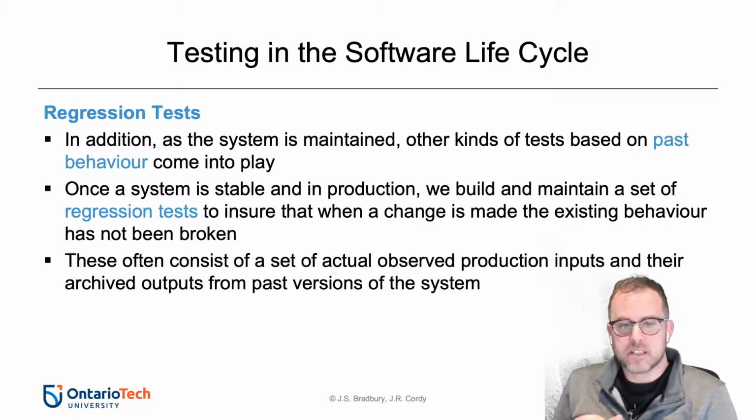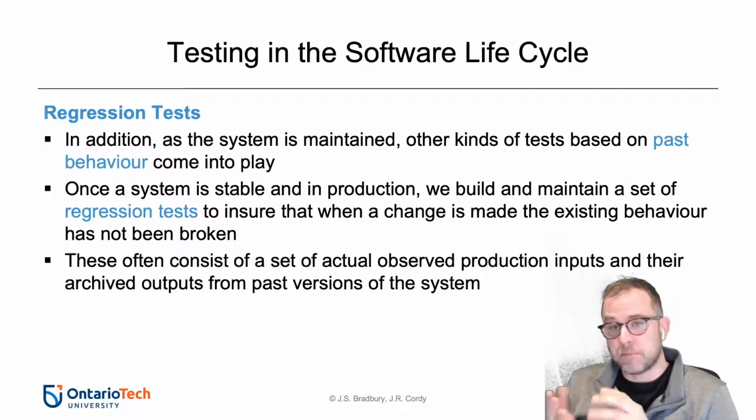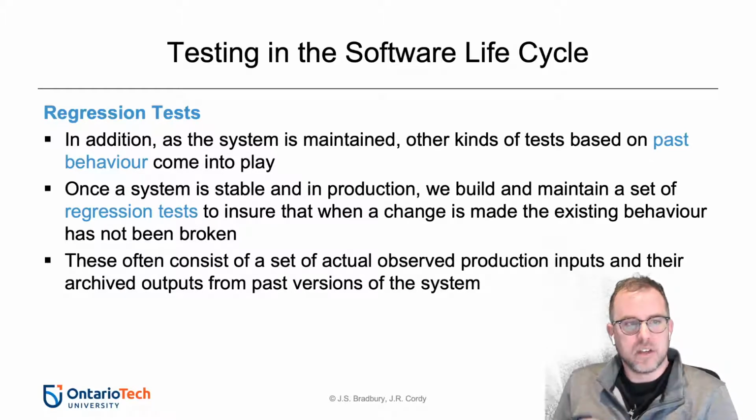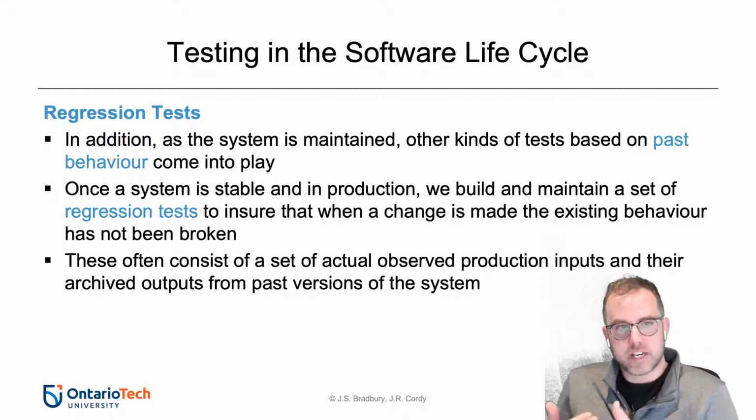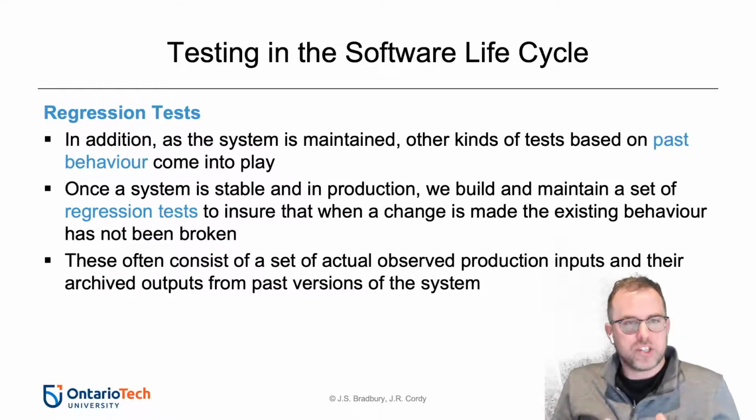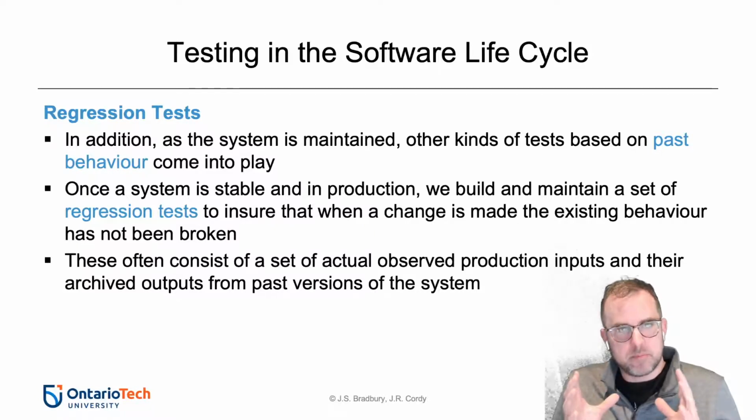The way we test software that's being maintained or evolving through new features being added, bugs being fixed, optimizations happening, maybe porting to new platforms, all that kind of stuff, is what's called regression testing. With regression testing, we maintain a set of regression tests which ensure that the current, existing behavior of the software isn't broken.